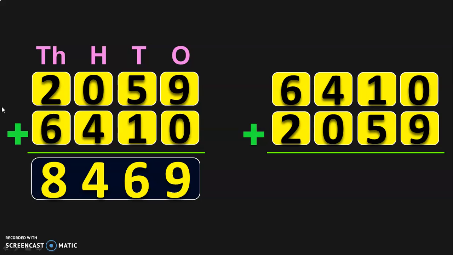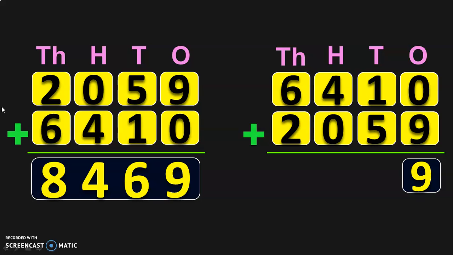Now, to verify this property, let us try adding the numbers in the other order. Like we'll have to first add 6410 plus 2059 now. So as usual, write down the place values and begin the addition from the ones place. 0 plus 9 will give you 9. 1 plus 5 will give 6. Next in the hundreds place we have 4 plus 0 which will give 4.